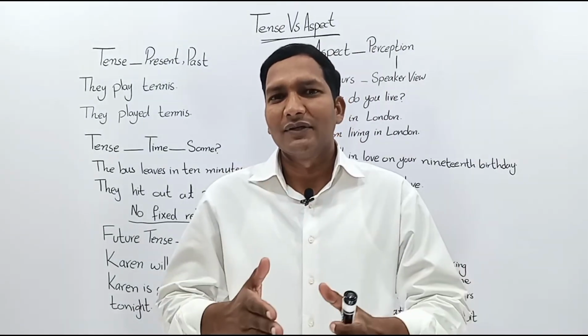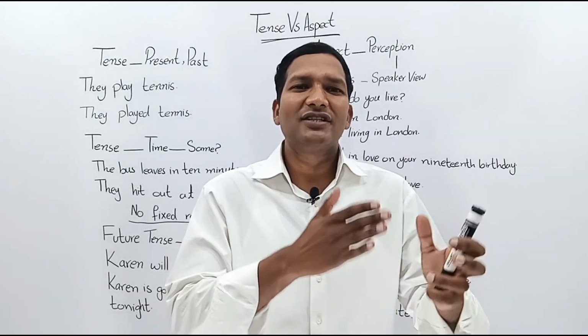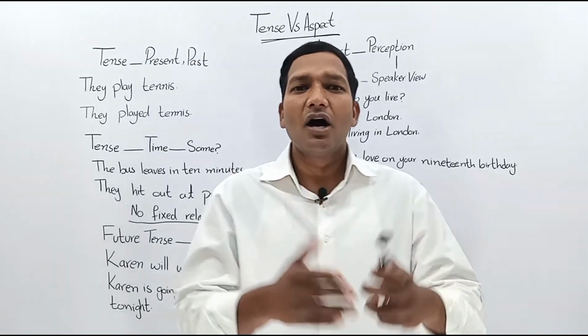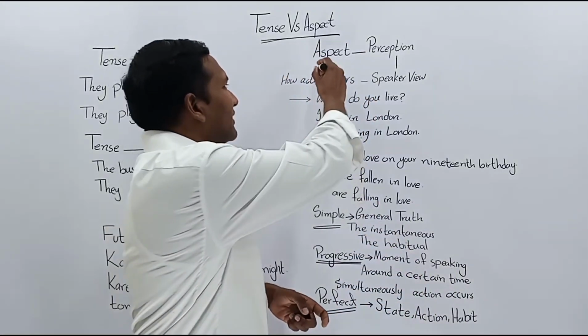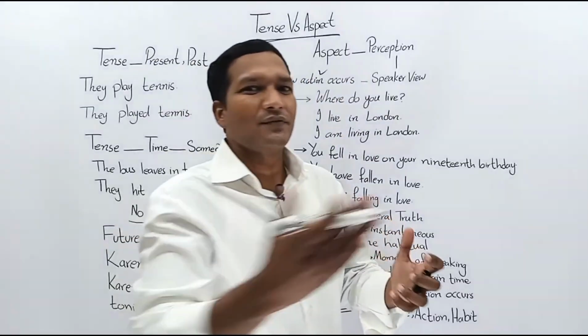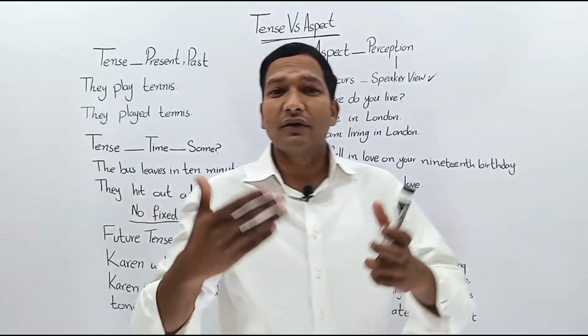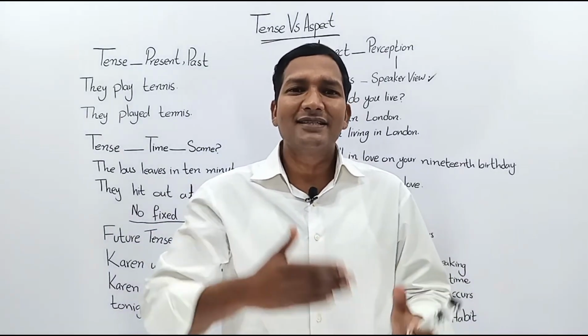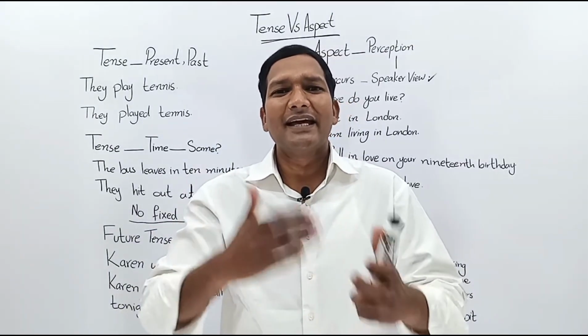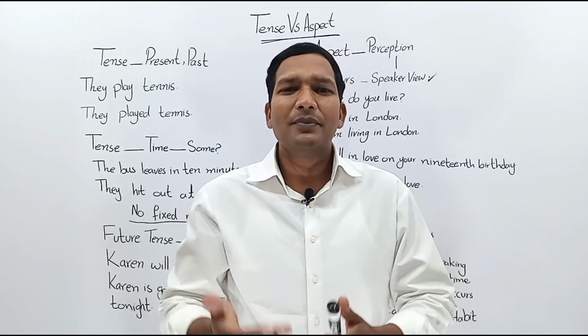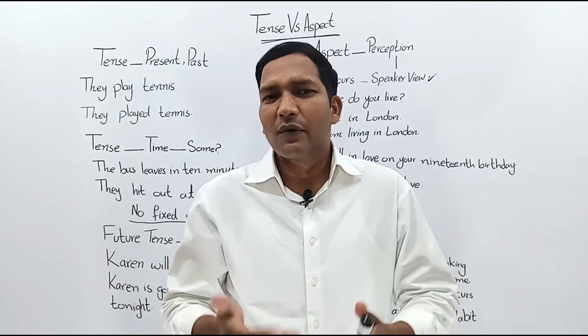What is aspect? Where tense tells us when an action takes place, aspect tells how an action occurs. It is the speaker's view or perceptual interpretation of the speaker. Aspect tells how the speaker views an action or event. For example, if I ask you the question, where do you live?